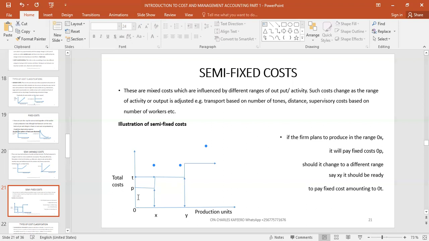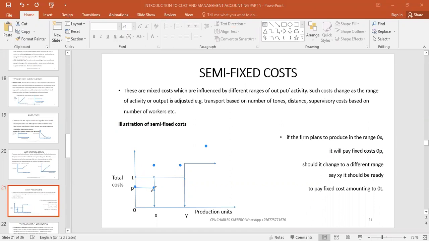As you see in the graph, when the output is X, the level of supervision is constant, that is OP.